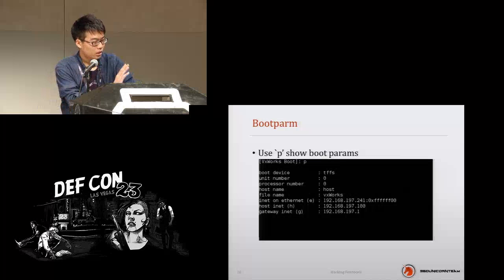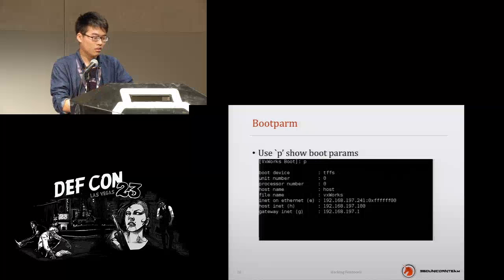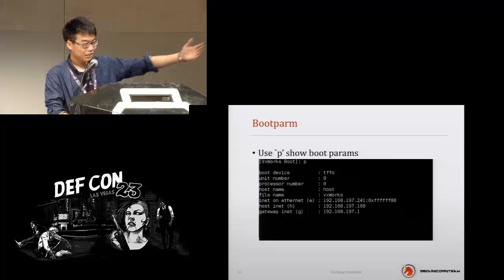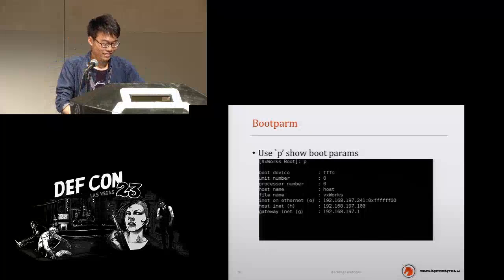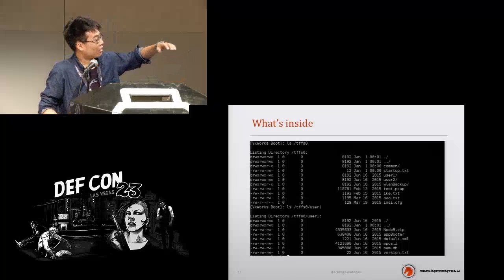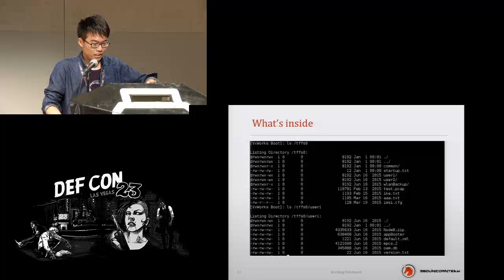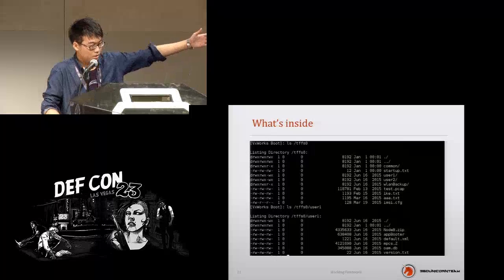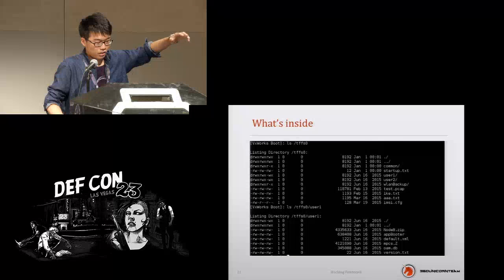Let's take a quick look. We press P and enter. Here we got something out. We tried it; this information means nothing. Let's see the directory structure. We run ls, and it comes out with a lot of things.